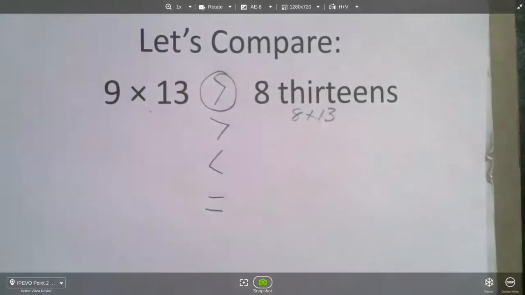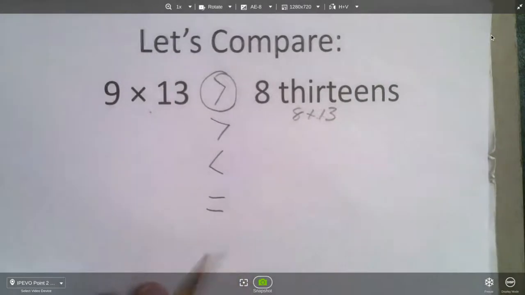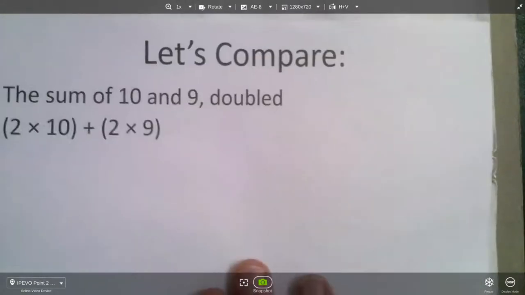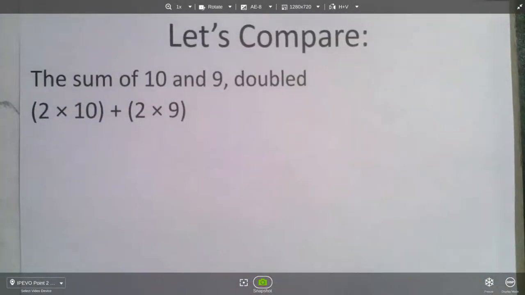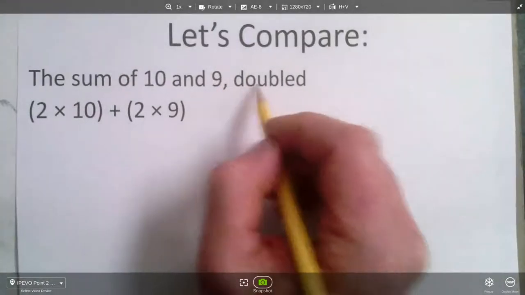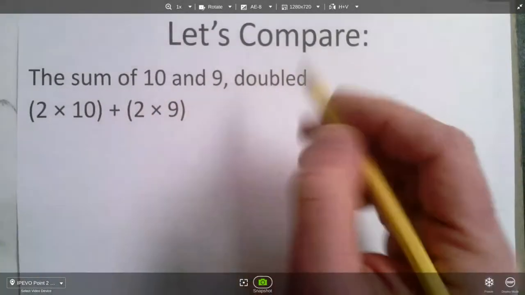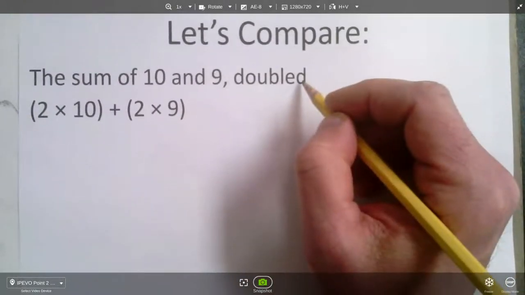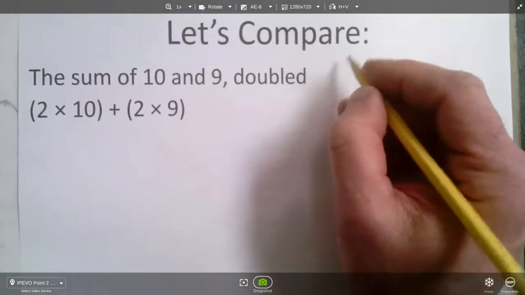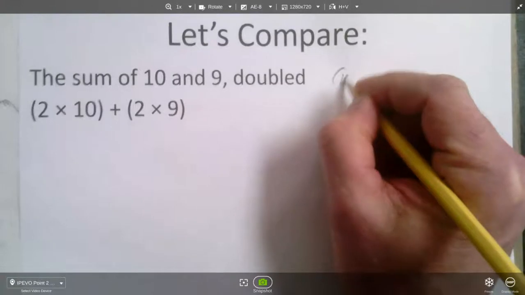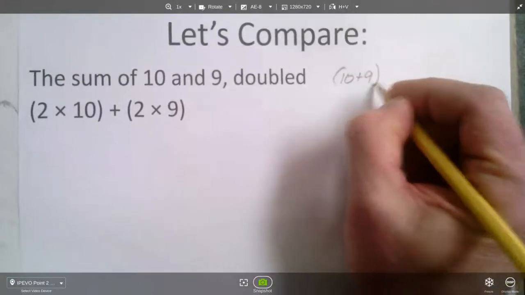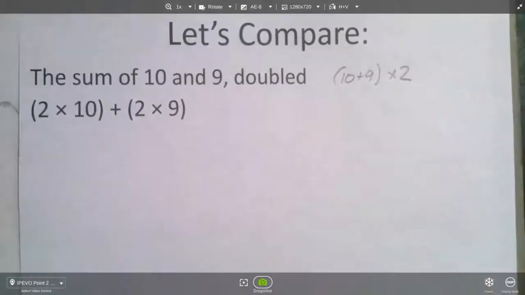Okay? Last problem of this Ed puzzle. Here we go. So now we're comparing the sum of 10 and 9 doubled, or 2 10s and 2 9s doubled. So let's put this into number form. The sum of 10 and 9 doubled.